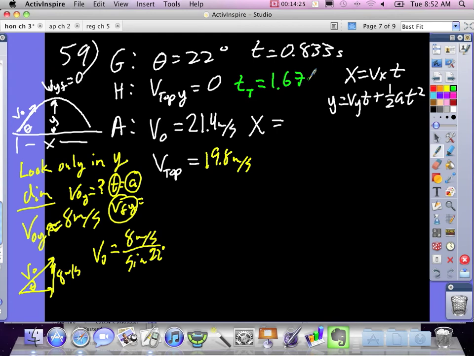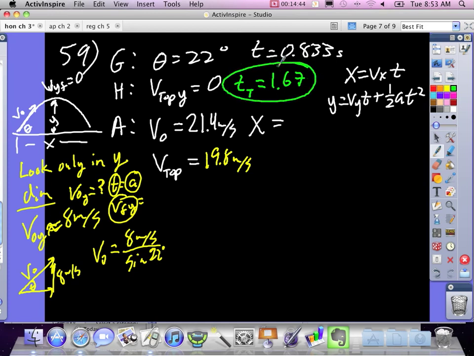Does that make sense? Just double this is what I'm saying. Because what slowed you down to make you stop at the top? Gravity, right? So what brings you back down from the top? Okay. So now I know the total time.